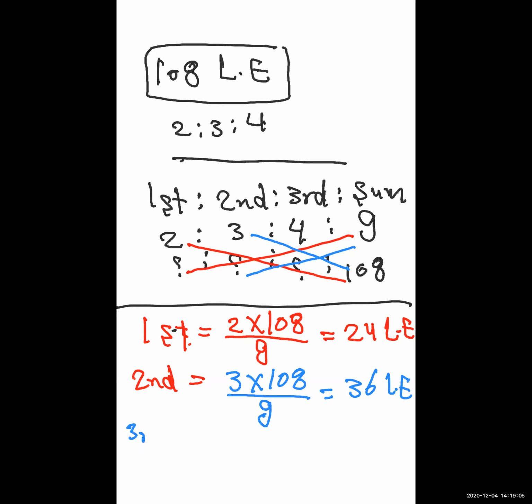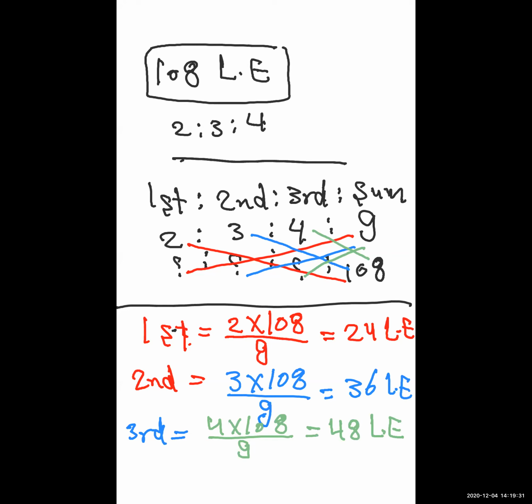The third will equal, again, cross multiplication, 4 times 108 divided by 9. So it will equal 48 pounds.